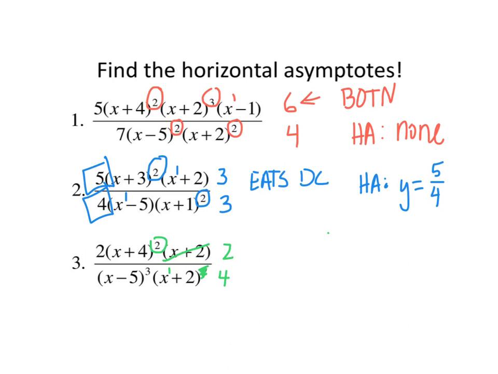And so still it is bigger on the bottom. So this one's going to be BOBO. So bigger on bottom means your horizontal asymptote is y equals 0. Sometimes you'll even see it like this. It'll say BOBYO, B-O-B-Y-O, because bigger on bottom, y equals 0.